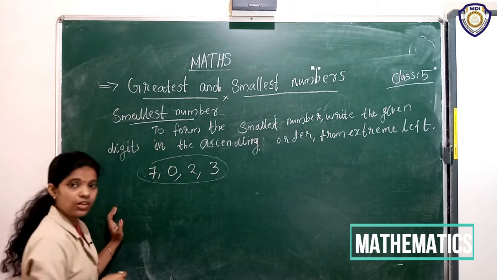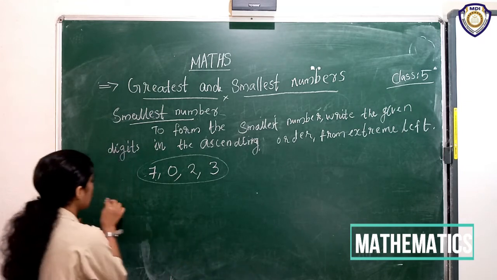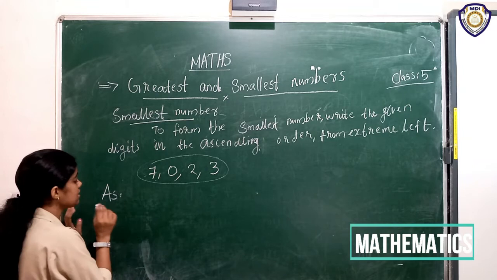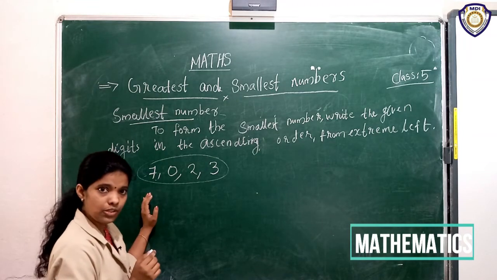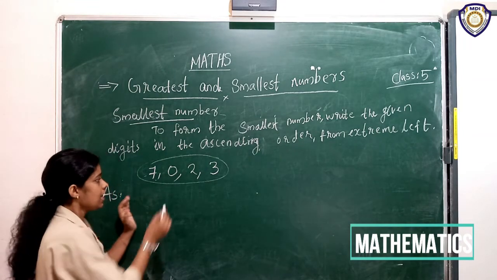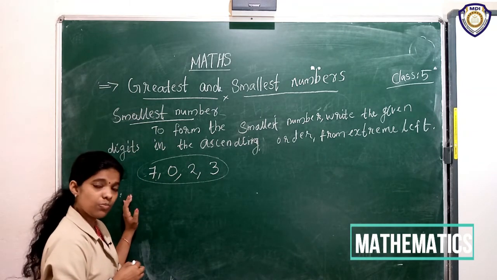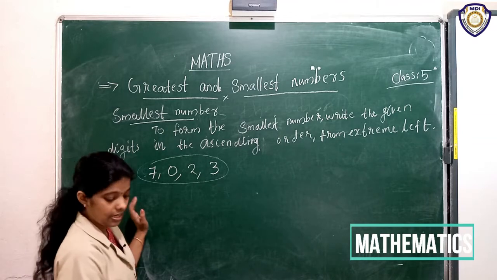Write in ascending order. Ascending order means smallest number to largest number. Among these numbers, which number is the smallest? 0 is the smallest number.